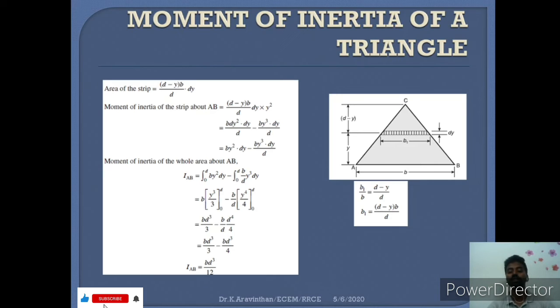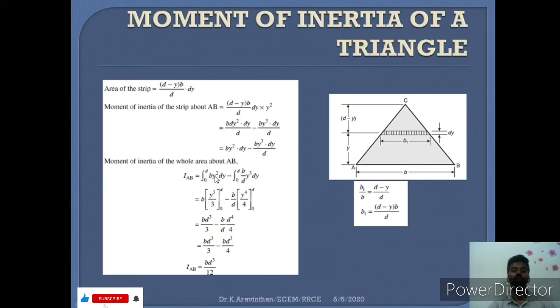That is why we have considered minus d by 2 and plus d by 2. But here we are considering the extreme bottom, that is why we are not having the lower limit. It is considered as 0. So 0 to d.